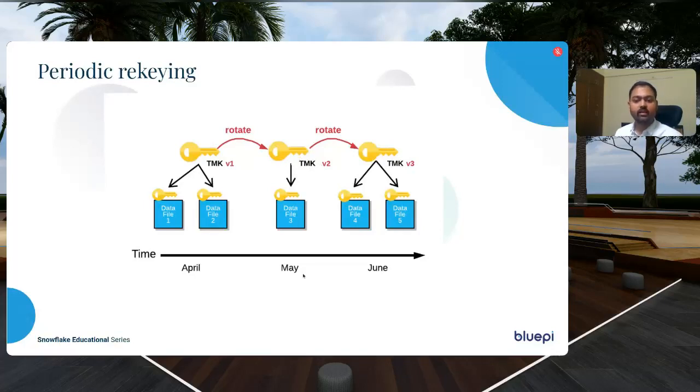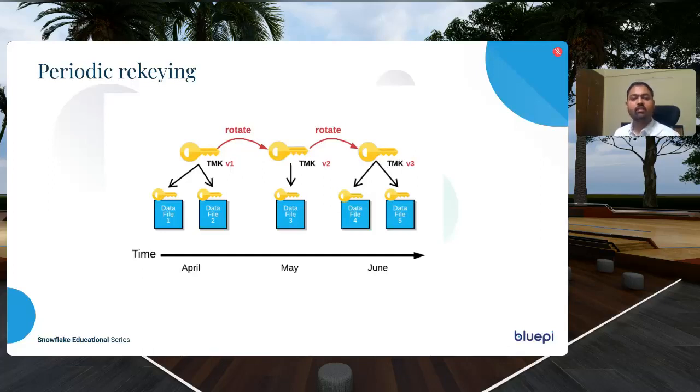In May, the data of April will be decrypted using table master key version v1, but it will get encrypted using version v2. In the same way, in July, the data will get encrypted using table master key version v3, but the data of May and April will get decrypted using table master key v1 and v2.